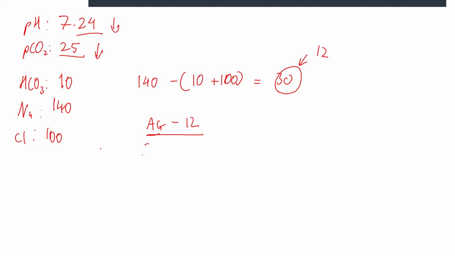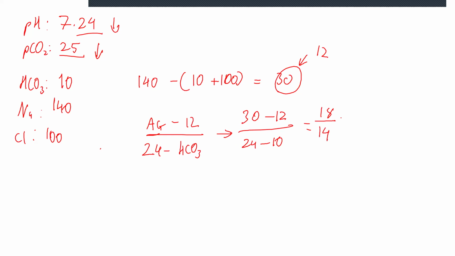Minus 12 over 24 minus the bicarb. Okay? In our patient, that's going to be 30 minus 12 over 24 minus 10. Okay? So 30 minus 12, that's going to be 18. 24 minus 10, that's going to be 14.